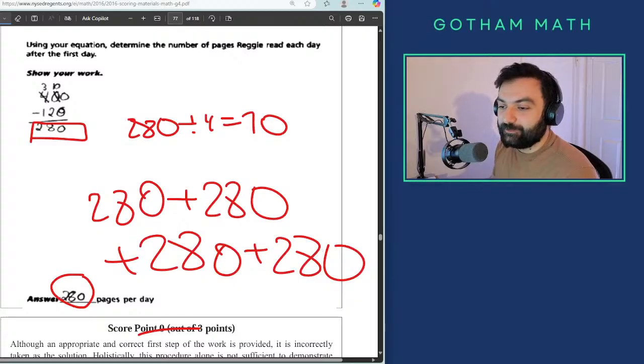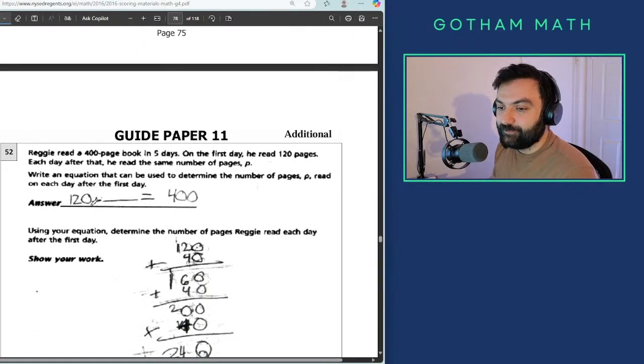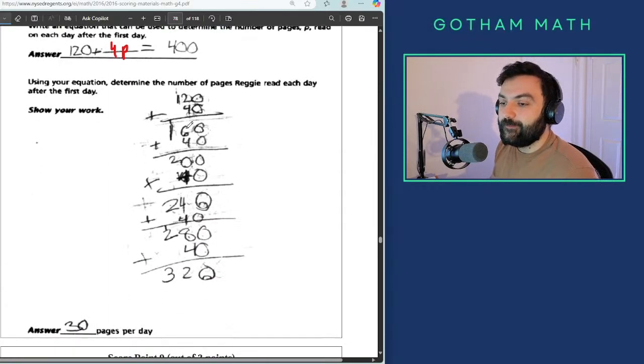Why are you turning into the crazy guy that has the addition from last, 120 plus almost. If this guy would have written 4P there, that would be right. And what is that? You don't get the right answer. 120 plus 40 plus 40, 40 plus 40 plus 40, 320.